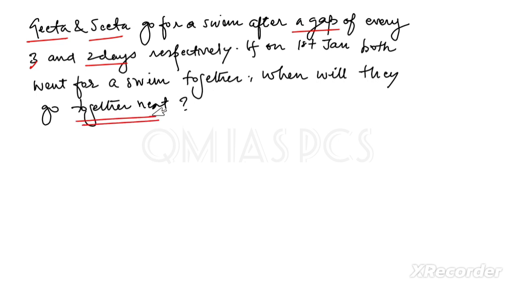See, one thing we should consider: it is given a gap of every 3 days or 2 days. Like 1st January, they go for a swim together. Then after a 2 days gap, who is going? Sita. Then Sita is going on the 3rd day.